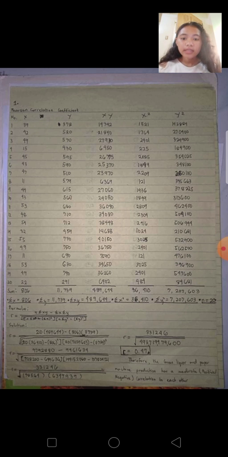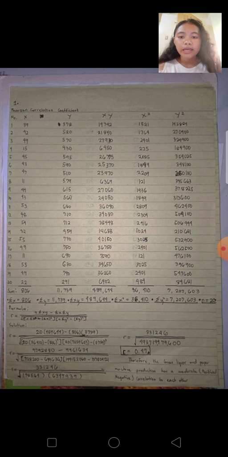So in finding the xy, you should multiply the variable in x to y, and these are the computed variables.